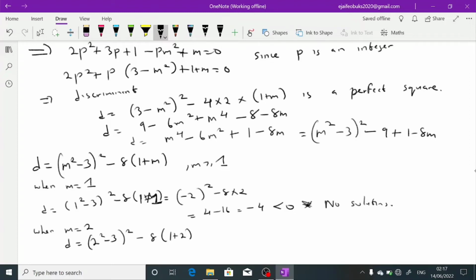We don't want complex roots. We want integer real roots. So we are not considering that. This is 4 minus 3 minus 8 times 3, 1 minus 24. No solutions as well.